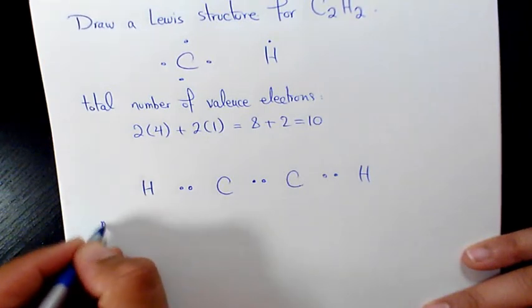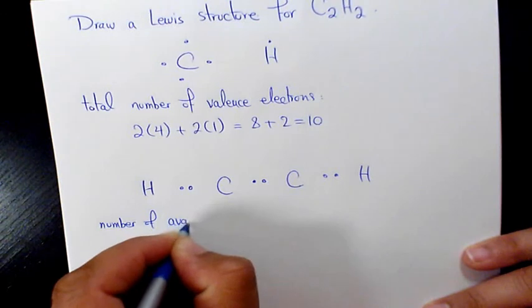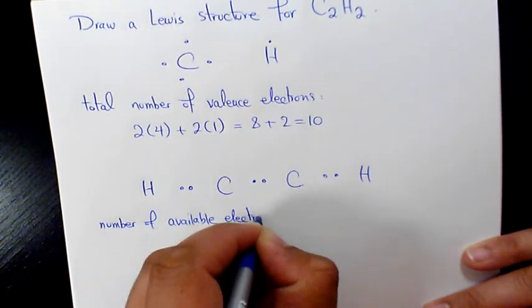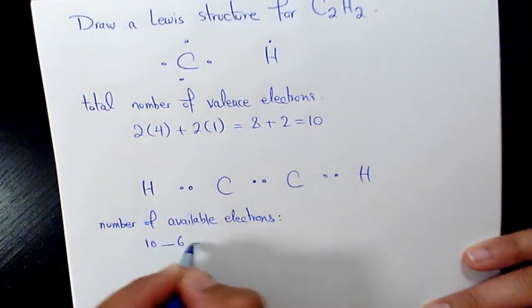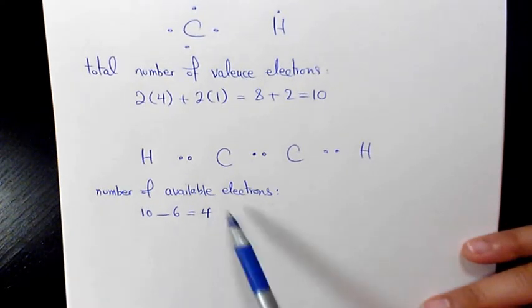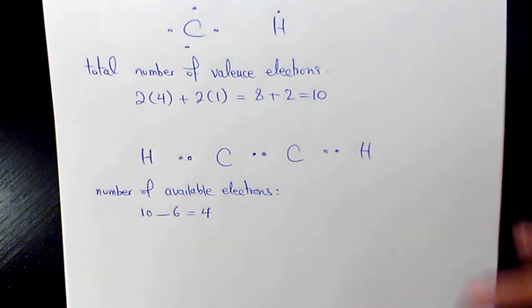So the number of available electrons is going to be 10 minus, we used 6, so we have 4 more to use. So these 4 more, we cannot put on the hydrogen, we need to put them on carbon.